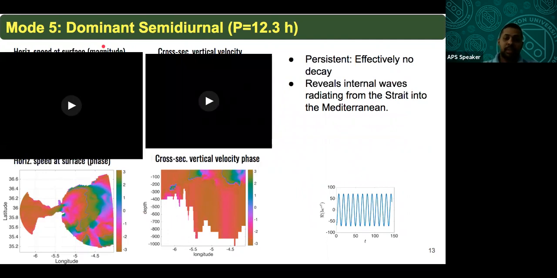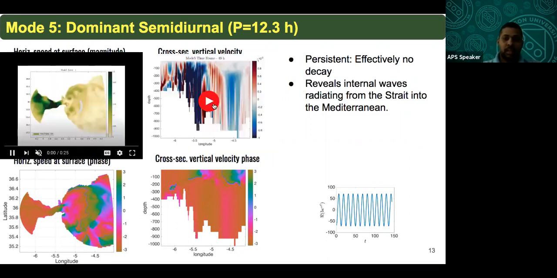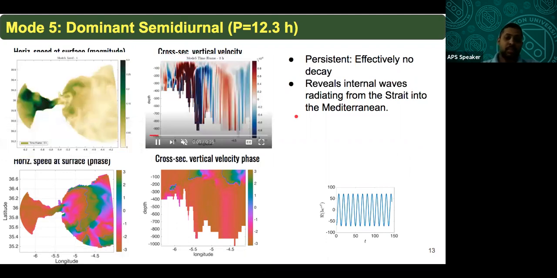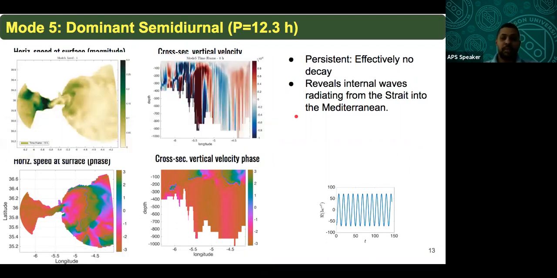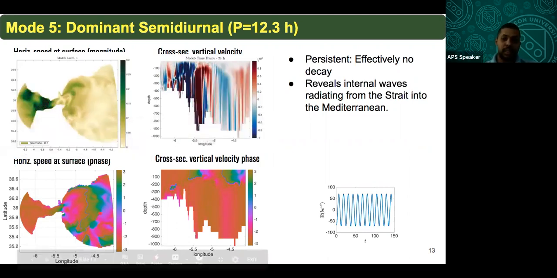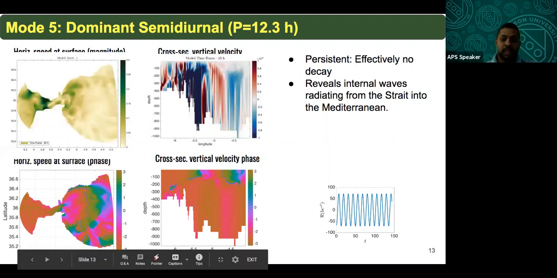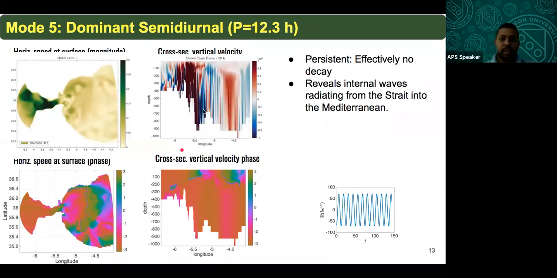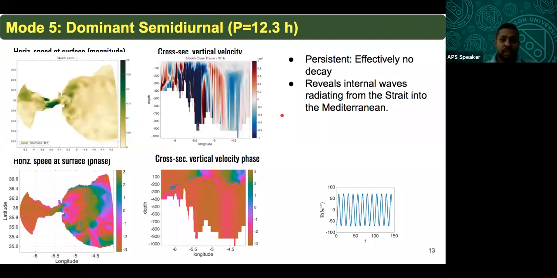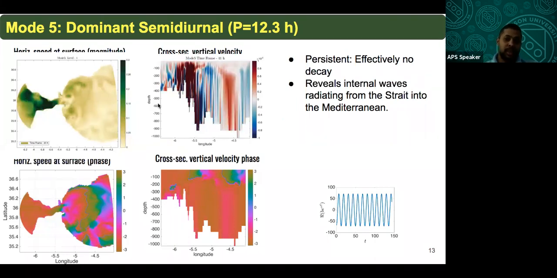First, let's talk about the semi-diurnal mode. This mode is persistent, and it has a very big half-life time, which means effectively no decay. We can notice that it reveals the internal waves here, radiating from this strait into the Mediterranean.